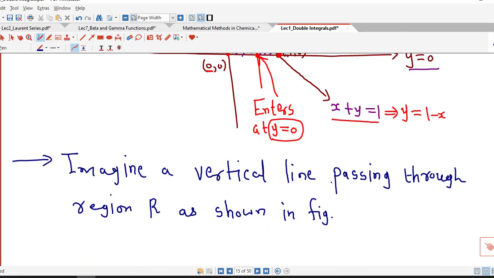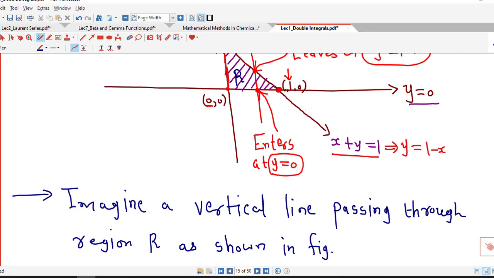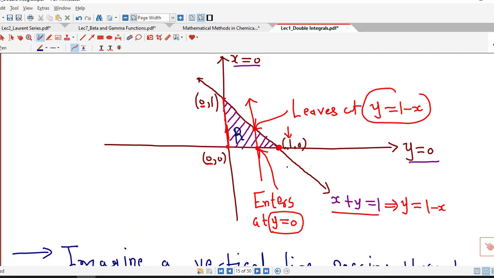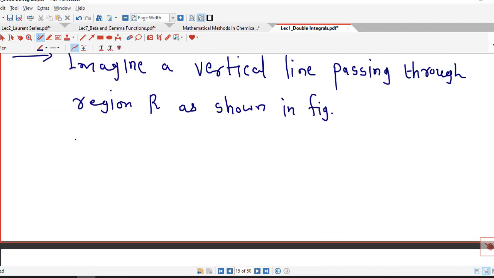So as we discuss, on this line variable x becomes constant, and limits of y are from y equal to 0 to y equal to 1 minus x, and limits of x are from x equal to 0 to x equal to 1. So now we write down the limits of integration.